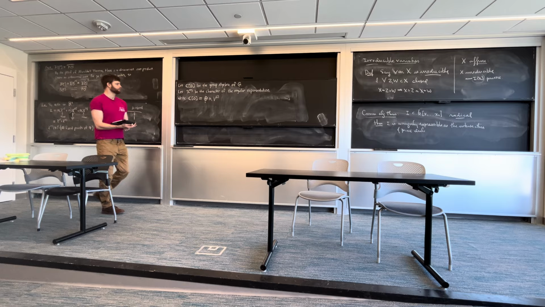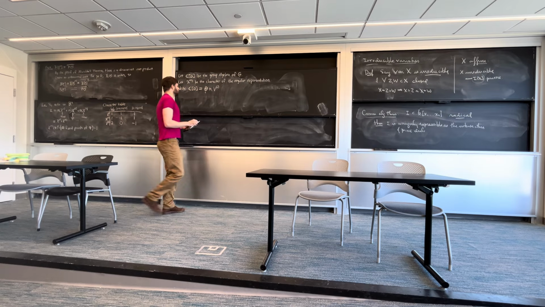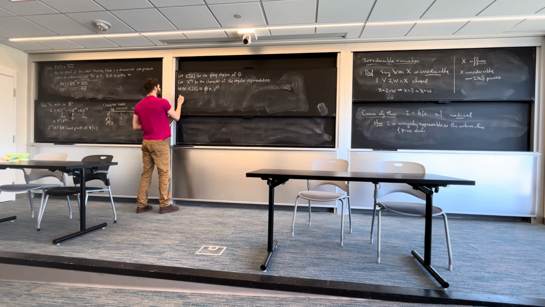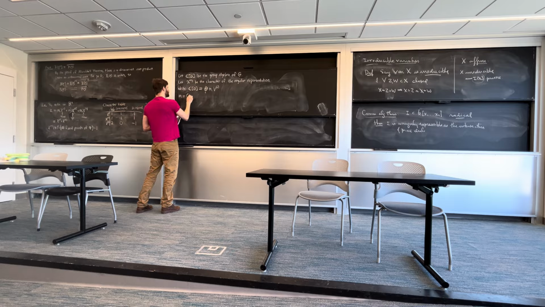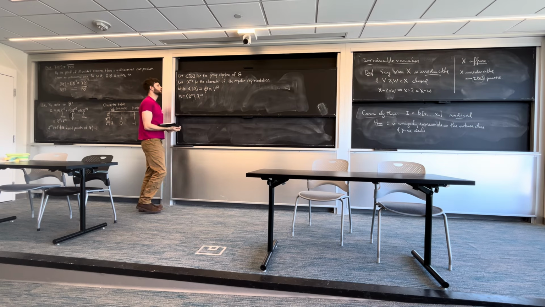Okay, so what we know, if we want, so let's try to compute m_i. We know that m_i is, according to some result that I proved last time, the inner product of chi reg with chi_i. So here chi_i is the character for V_i.